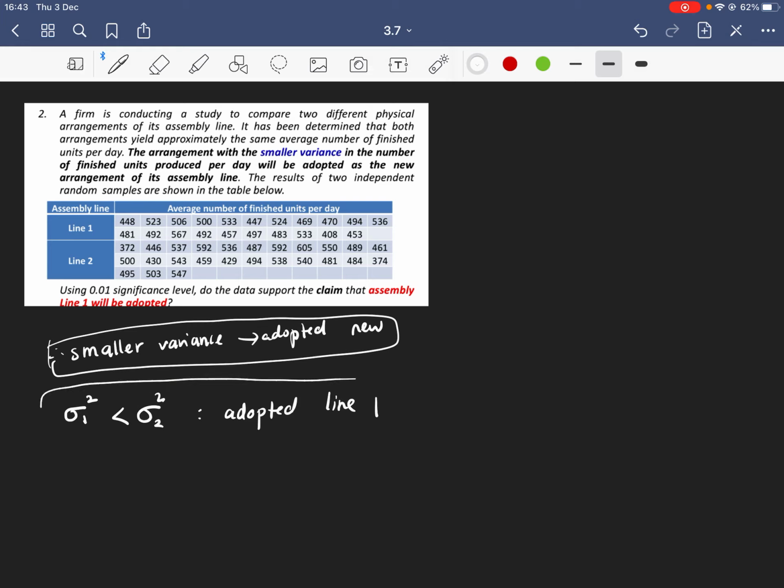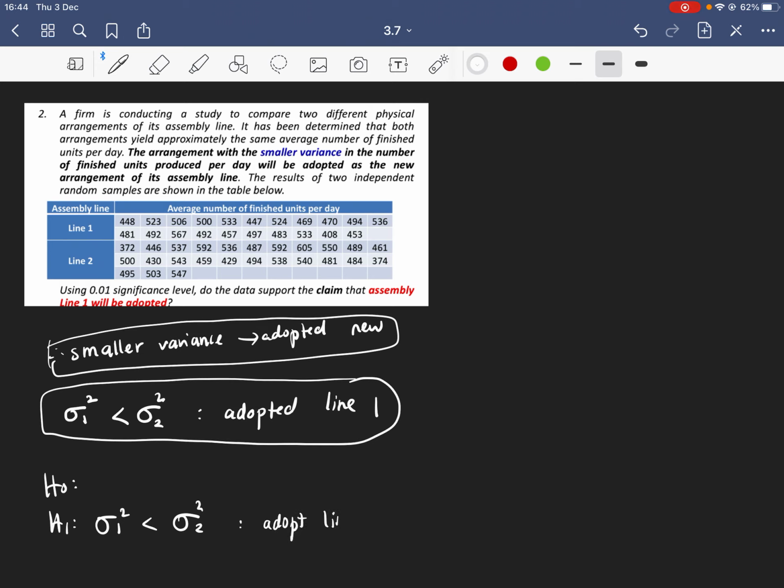I will use this claim. Alright, and then the H null and H1. So sigma 1 square less than sigma 2 square, adopt line 1. So sigma 1 square greater than or equal to sigma 2 square is the alternative hypothesis. Step number 1. Okay, step number 2 is the F test.